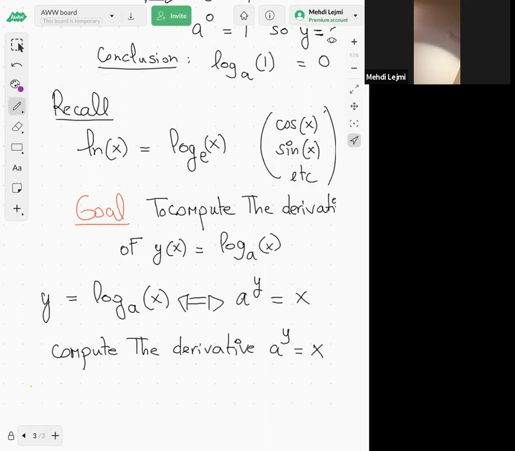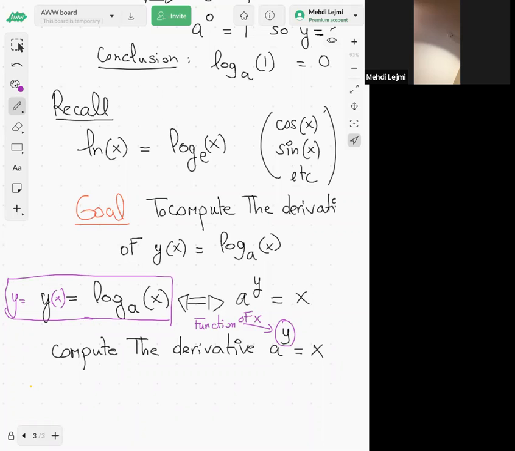When I say y, I mean y of x, I mean log in base a of x. So this y here is a function of x, equal to the log in base a of x.